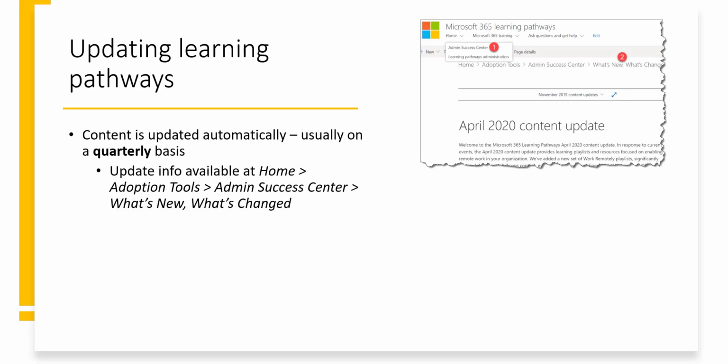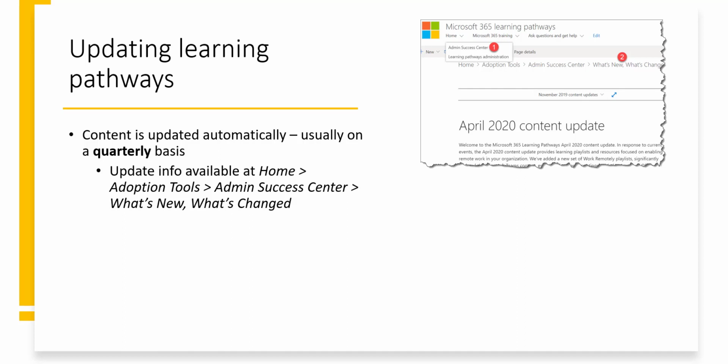For the admins, they'll need to know how to keep things updated for learning pathways. Let's talk about that. For updating learning pathways, you have first the content, and the content is updated automatically on a quarterly basis, usually by Microsoft. You can look at the content that's being updated.